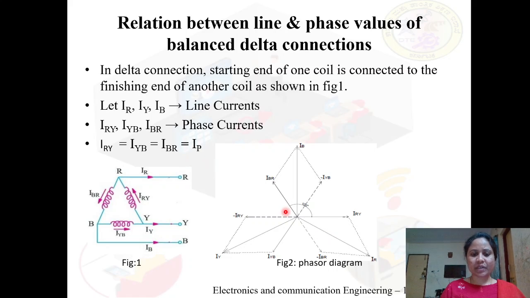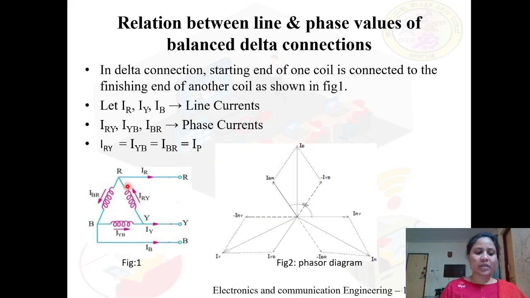And let us write the phasor diagram for these line currents and phase currents. Before writing the phasor diagram, we can just see here that each line current is nothing but the vector difference between the corresponding phase currents.